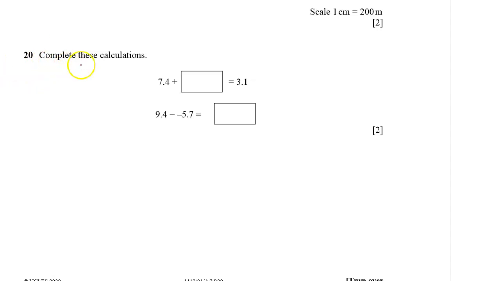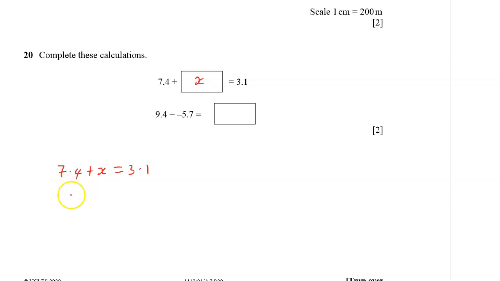Number 20. Complete these calculations. 7.4 plus x is equal to 3.1. So you can say this is x. Let's call that x. So it is 7.4 plus x is equal to 3.1. So what is x?